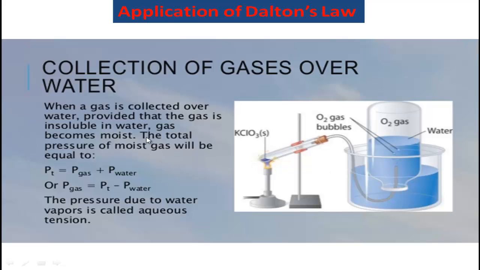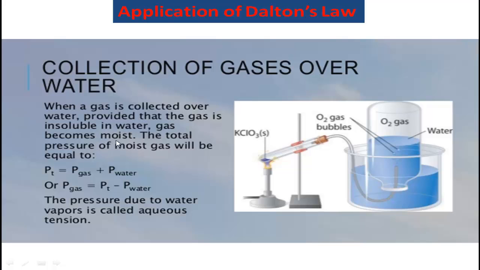Here our produced gas is oxygen gas, and this is lighter than air and water. So for this we have to collect this gas in a specific way, and this method is called downward displacement of water.